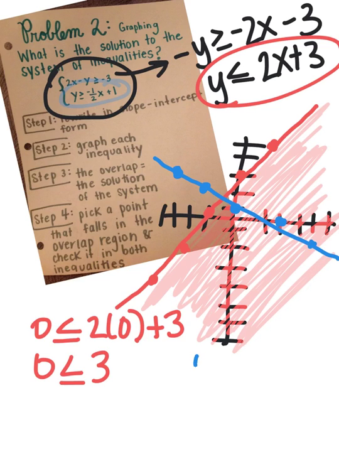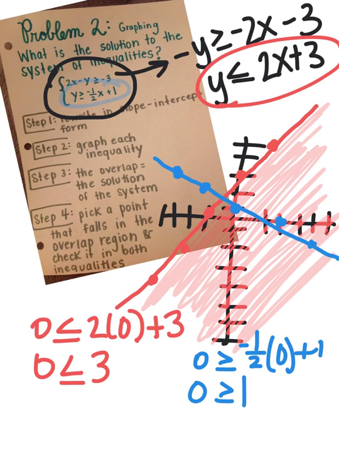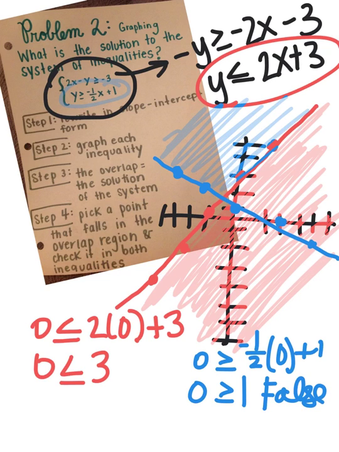Again, we have to plug in a test point to see which portion we're going to shade here. And I'm going to get that 0 is greater than or equal to 1. That is false. I don't want to include 0, 0 in my shaded portion. So I'm going to shade here.